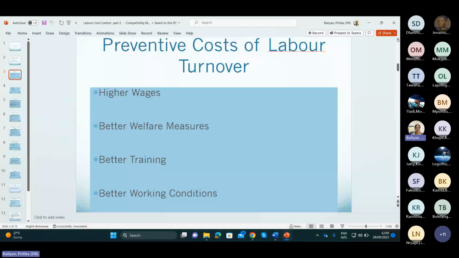Some holiday packages. So if they think about the welfare of the employees, the people would like to work for such an organization for a longer period of time. But if they don't think about any welfare related issues, the workers will not be happy or continue for a longer period of time.